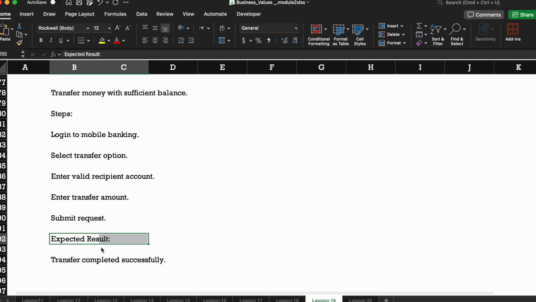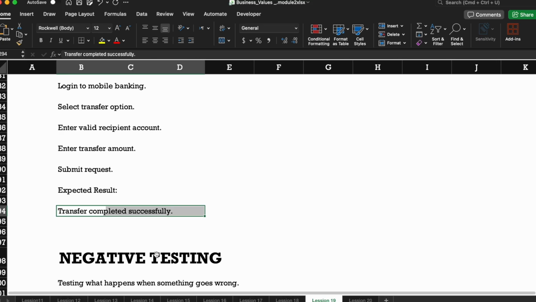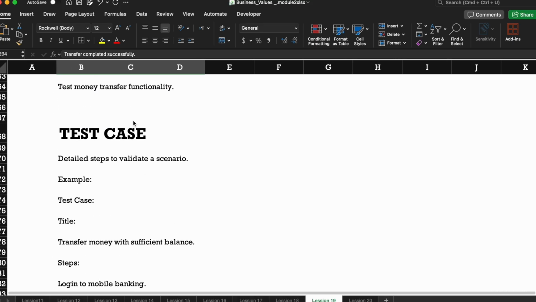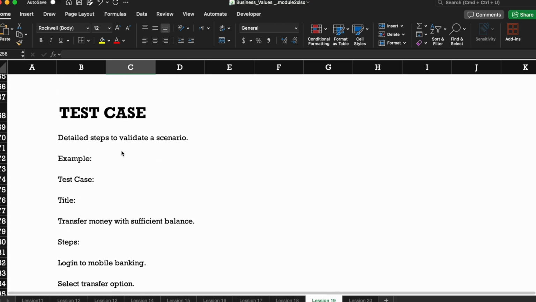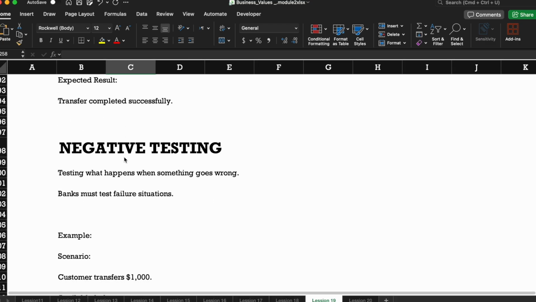Expected result: transfer completed successfully. Okay, so this is the test case and the test scenario, and you need to understand the difference. A test scenario is high level, what the feature is going to do. A test case has detailed steps: what input you will give, what steps you need to perform, and what the expected result is. These three are included in the test case.